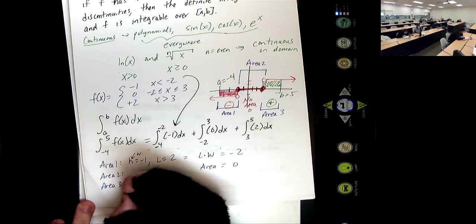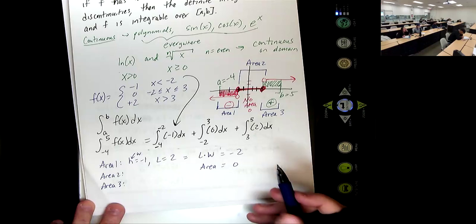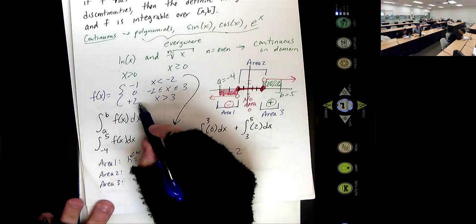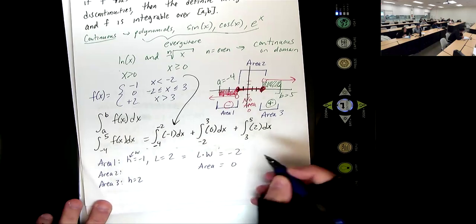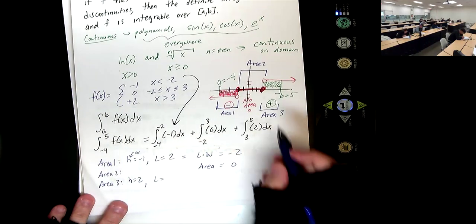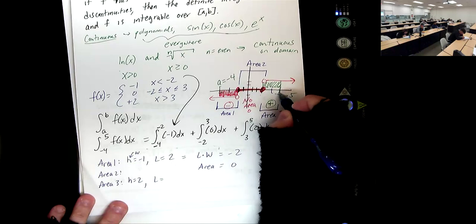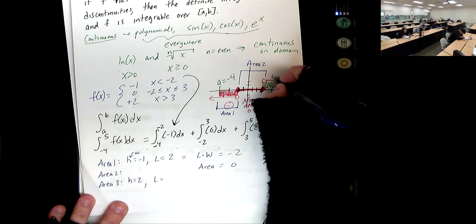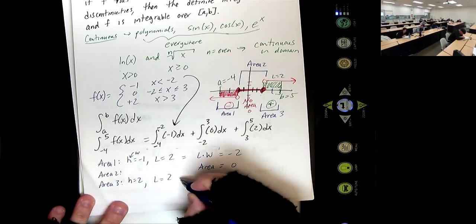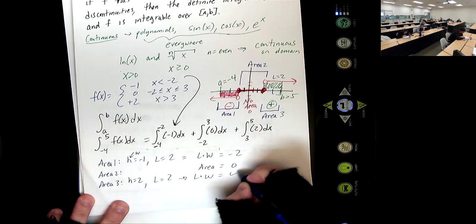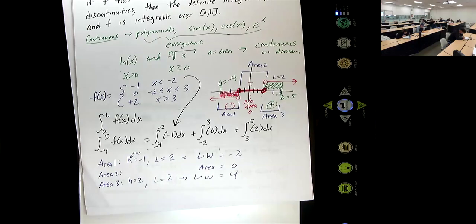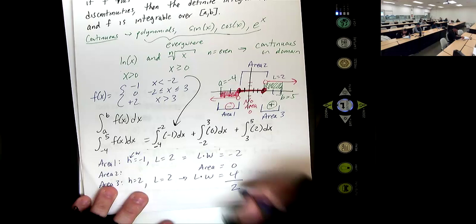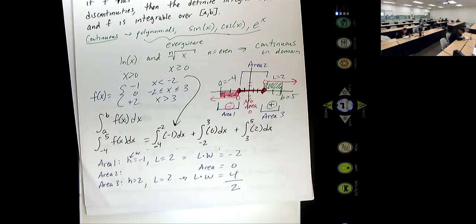And area 3, we have a height of 2. f of x equals 2 here, and we have a length going from 3 to 4 to 5, a length of 2 also. So length times width should be 4. If we add those all up, we should get 2. This is without looking at the intervals here, just looking at the geometric shapes.